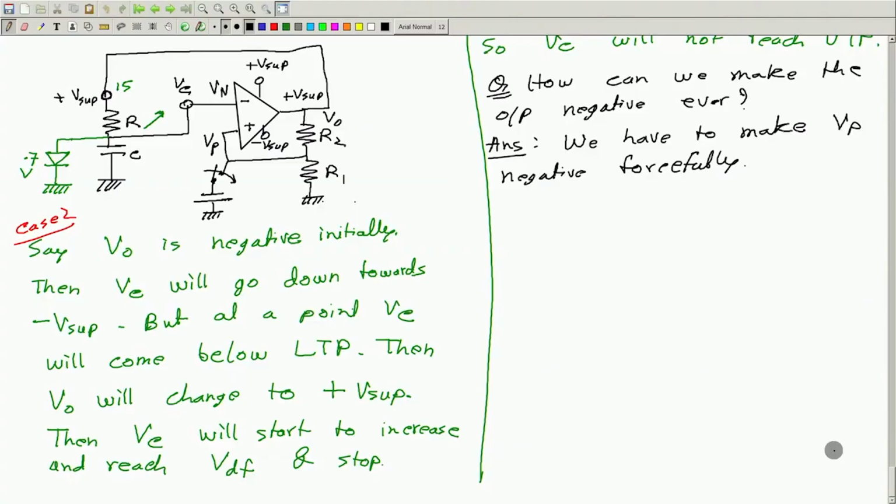So we are looking at this monostable multivibrator or oscillator circuit, and so far we have seen that this circuit has two possible outputs, or two possible states, you can say.